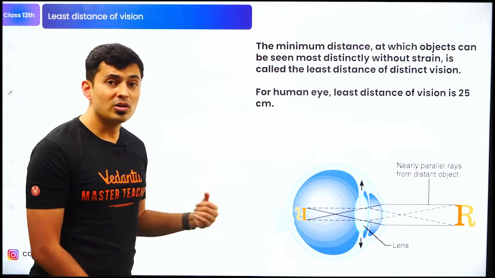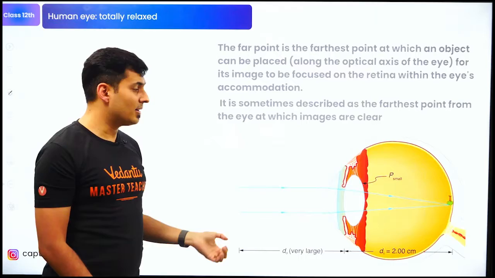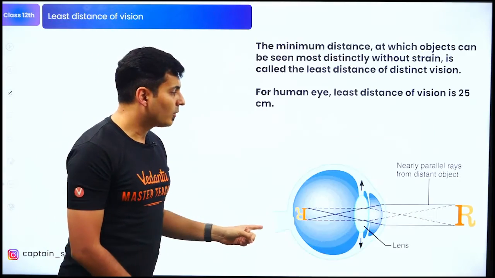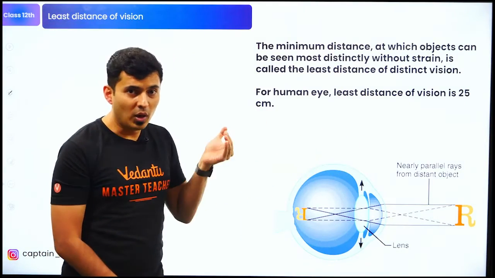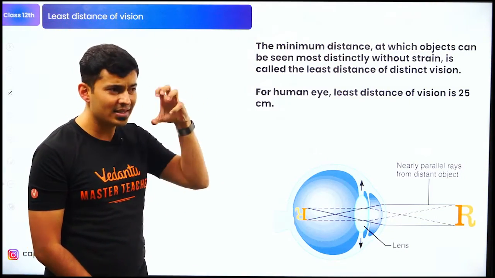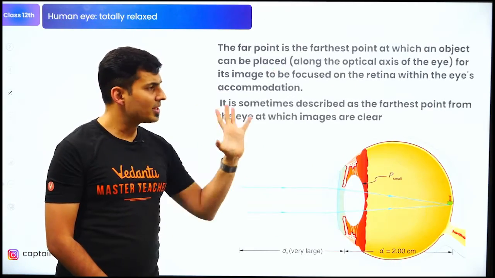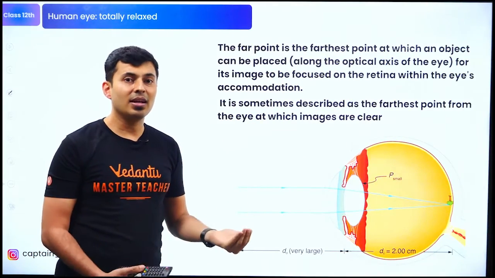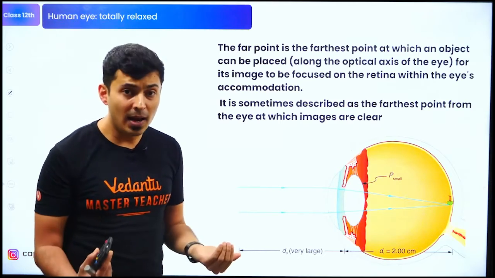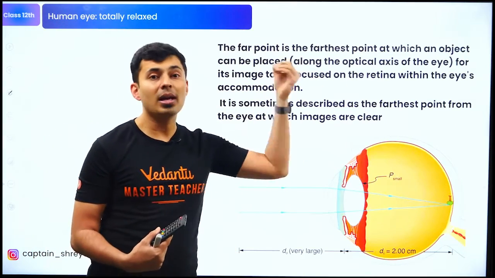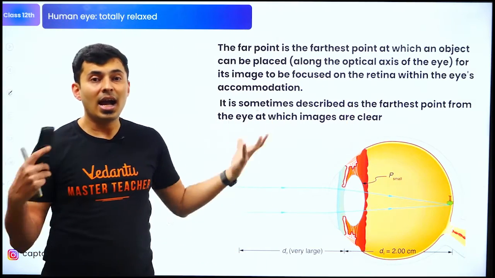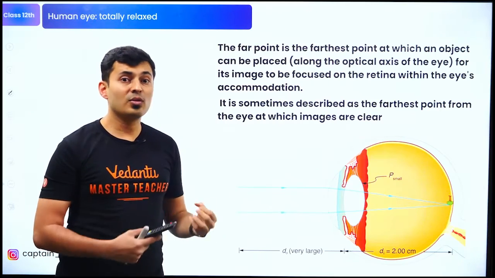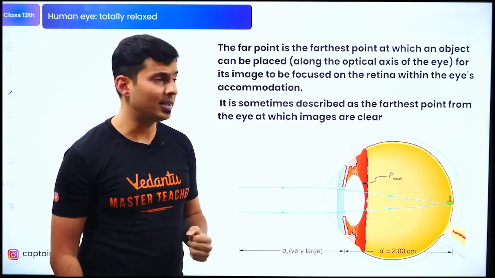Now, there is also a secondary point which is called the far point. This one was the near point, or the smallest distance till which your eyes can focus under strain. As the object starts going far away, your eyes feel more relaxed. In this condition, sometimes it might happen that your eyes are not able to relax as much as they should, and that's when you have another kind of optical defect.